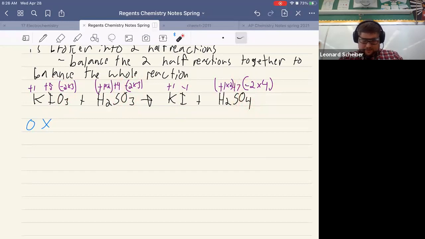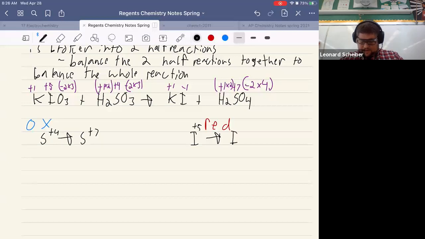So S goes from plus 4 to S plus 7. It's being oxidized, right? Now on the other side, our reduction half, we have our I plus 5 going into our I minus 1.